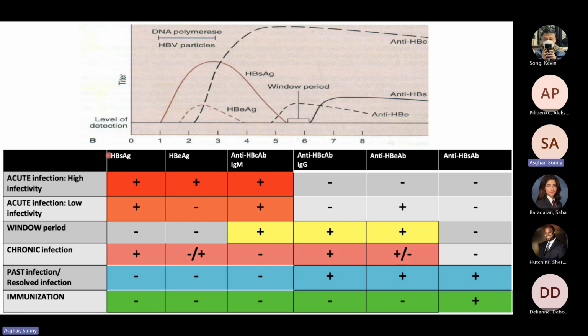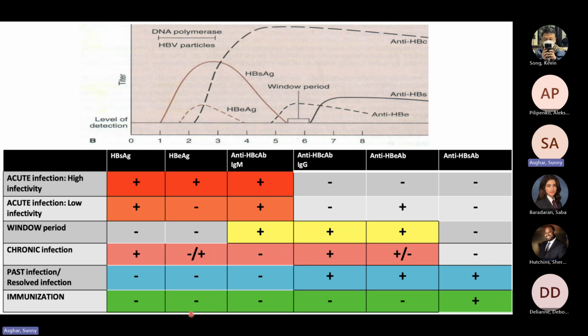Okay, so like I was saying, chronic infection, the window period, and then our past infections. This is showing us a past resolved infection. All this is indicating is that the person has now cleared the infection. We don't see any of the surface antigens, but now we see all of our antibodies.